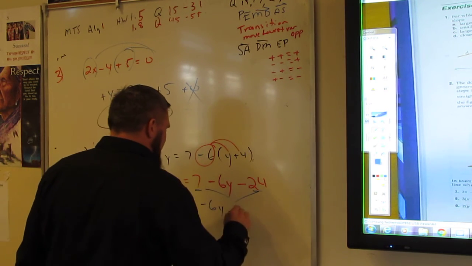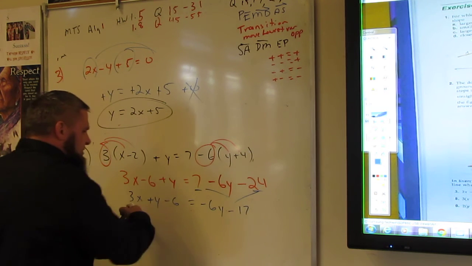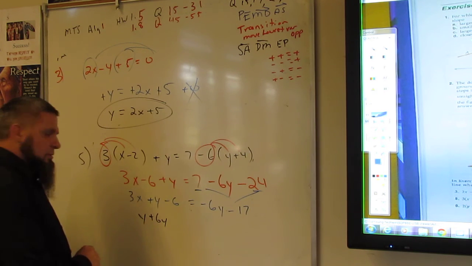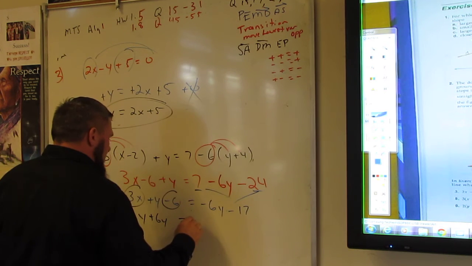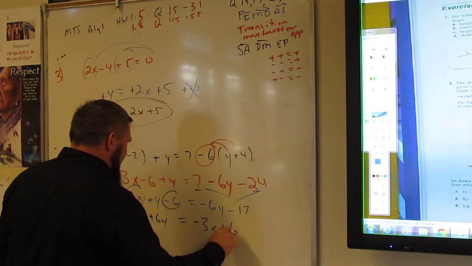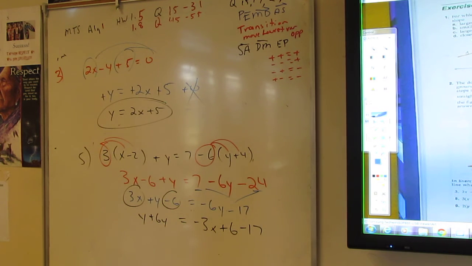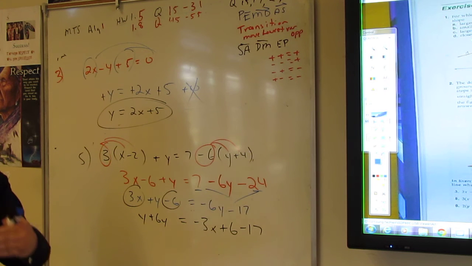3 from 17. Okay? And so here, I want to get the y's on one side and the x's on the other, yeah? So, move it over, change the sign. Y plus 6y equals, and then move these over and change those signs. Minus 3x plus 6 minus 17. See, if I just move them first and then do the math, it doesn't get too confusing. I could have done that all in my head, but I wanted to show you what I was doing first.